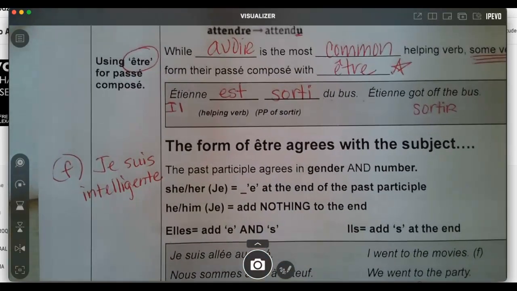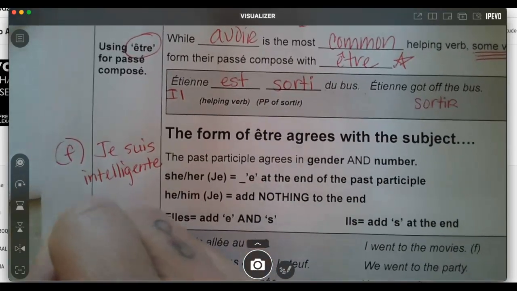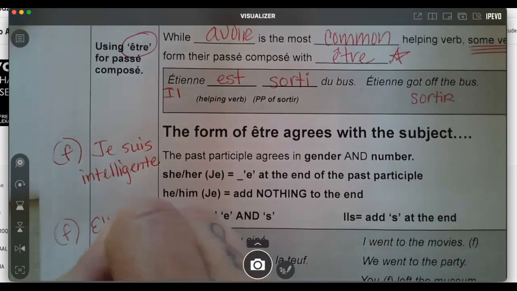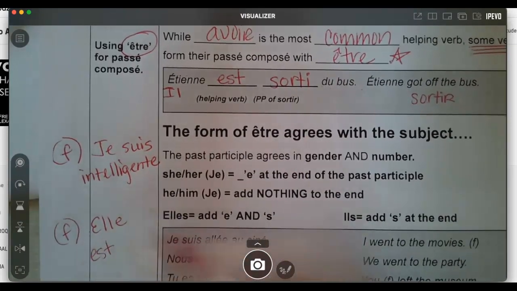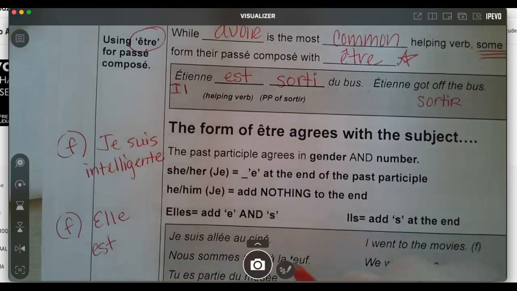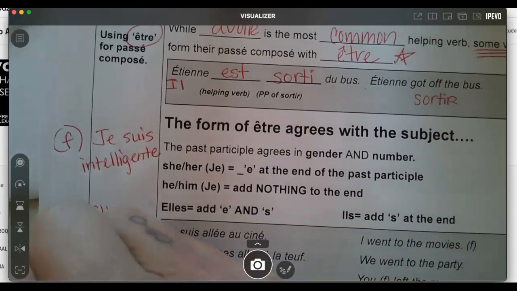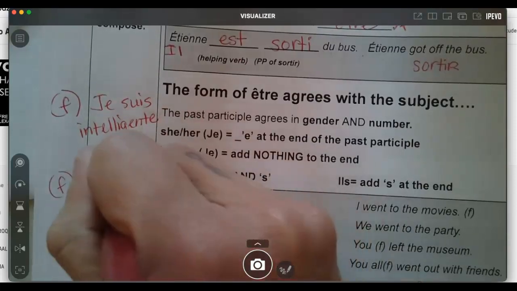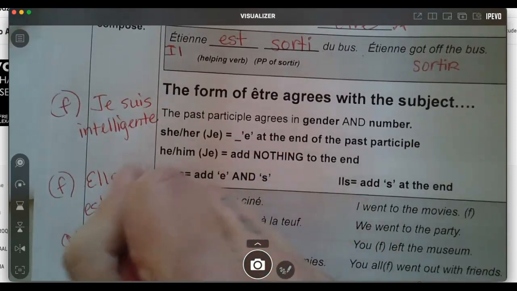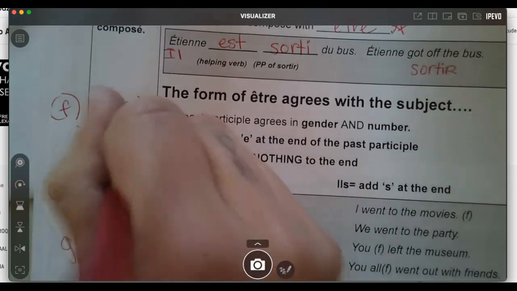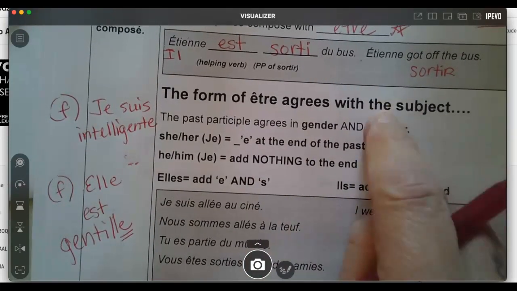If a she, her is saying, elle est, let's see, I'm trying to think of another one, gentil, that's the masculine form. We have to add another L for the feminine form, okay? So être always agrees in the present tense and in the past tense.